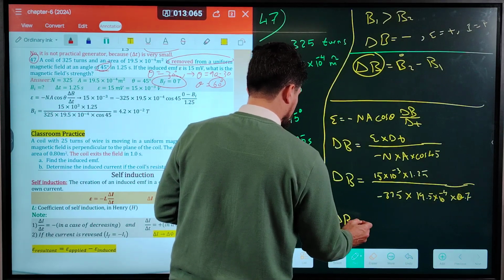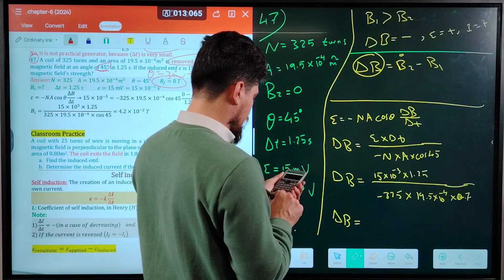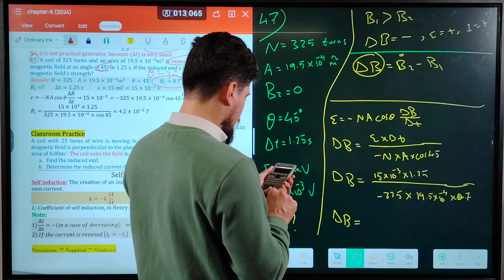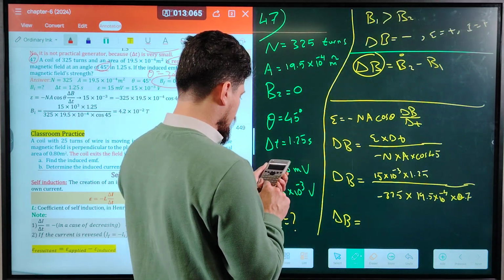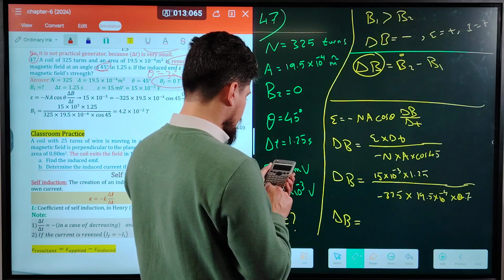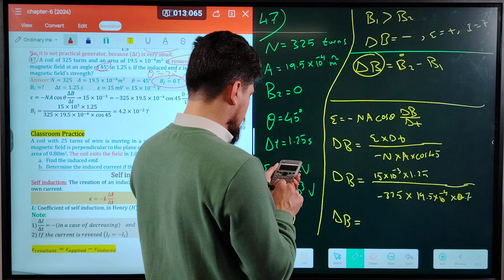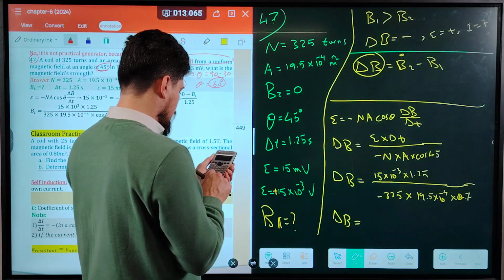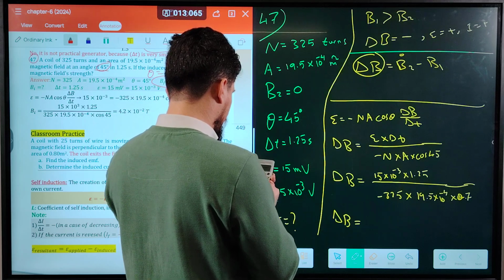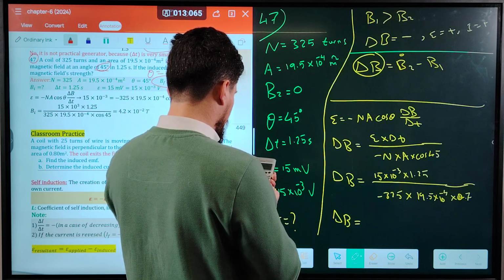Delta B is equal to what? By using your calculator, 15 times 1.25, shift log 10 power negative 3. I got this number, 0.01875, divided by, open bracket, negative 325 times 19.5 times shift log negative 4, and the cosine term is 0.7.